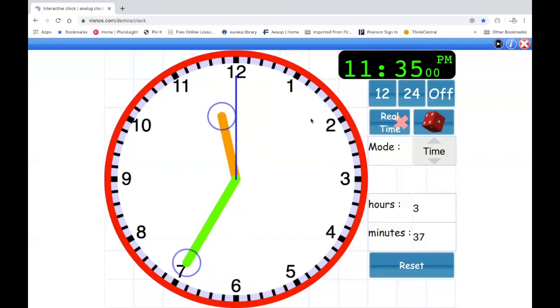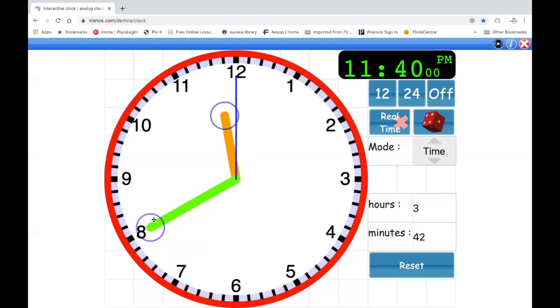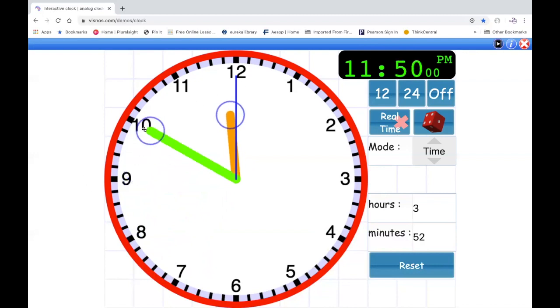7 would be 5, 10, 15, 20, 25, 30, 35. So it's 11:35. And we can continue around the clock here. 5, 10, 15, 20, 25, 30, 35, 40. Here we know 9 is always 45 or quarter to 12. Here we have 11.